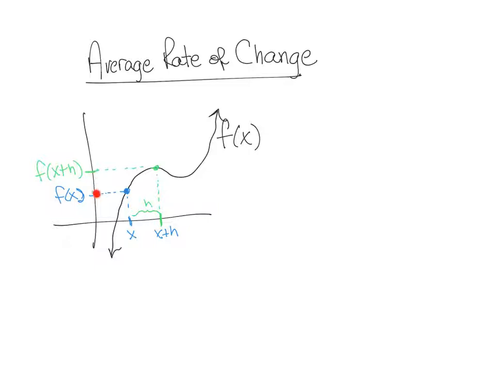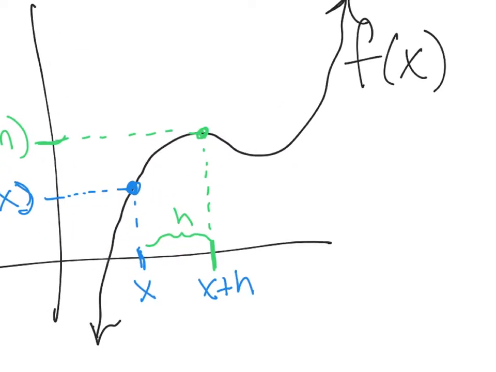The distance between the y values will be the difference between these two guys right here. And if I connect those dots, you'll see this again on a page coming up. If I connect these dots, these two points in time along this graph, this is called the secant line.